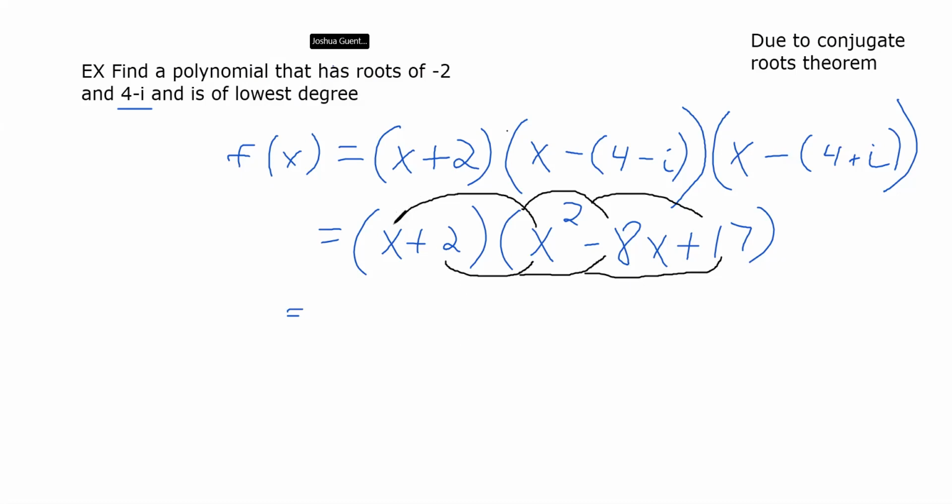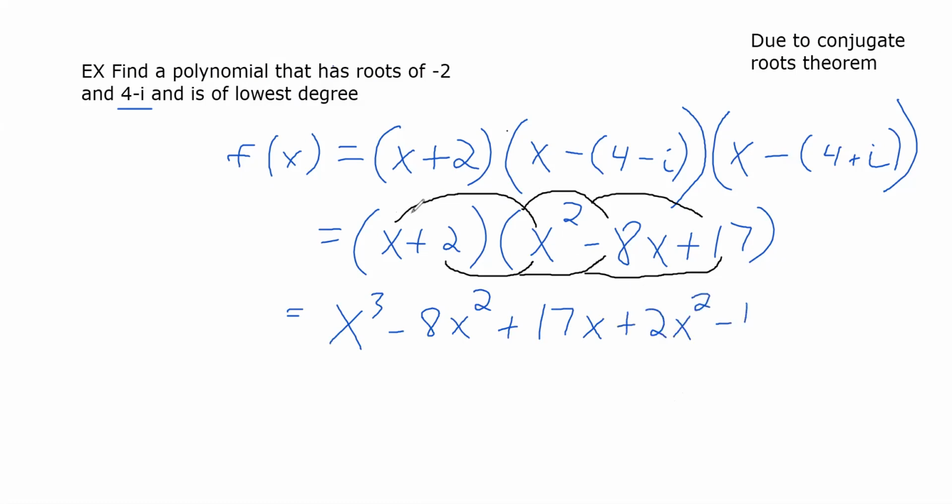And it's not fun. So multiplying the x through, you're going to get x times x squared, which is x cubed, minus 8x squared, plus 17x. Then you distribute the positive 2 through, you're going to get plus 2x squared, minus 16x, plus 2 times 17 is 34.